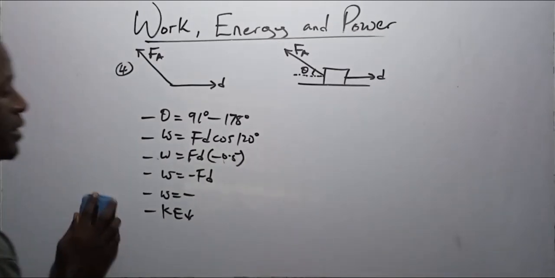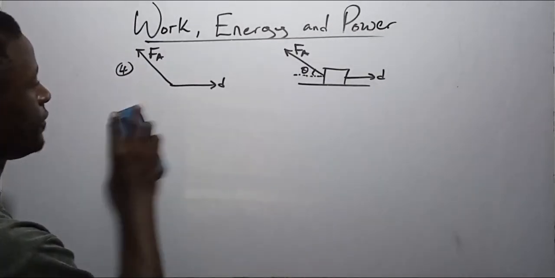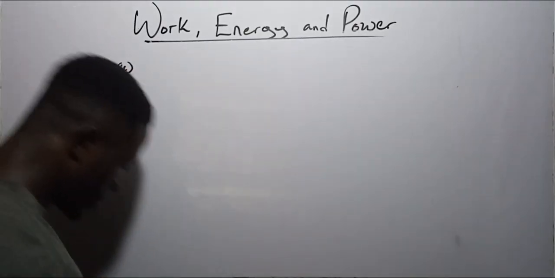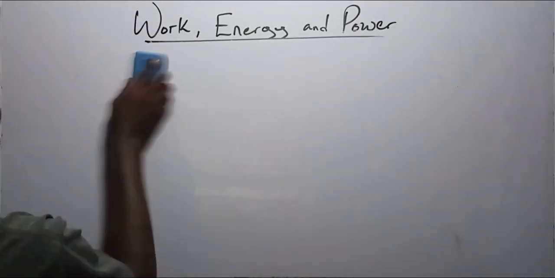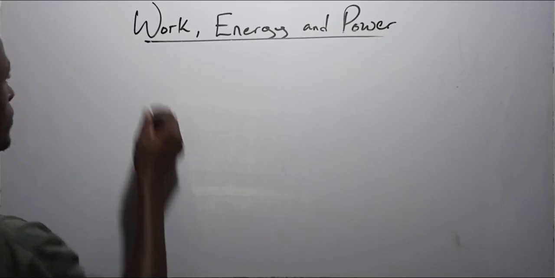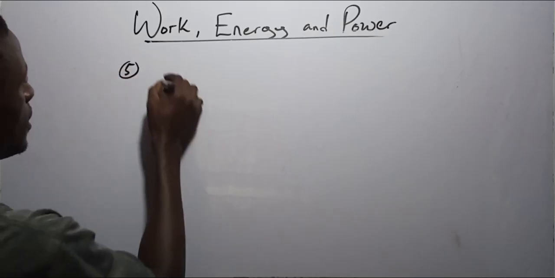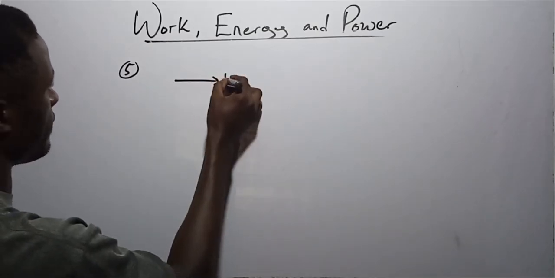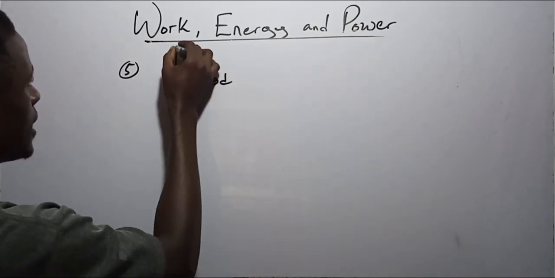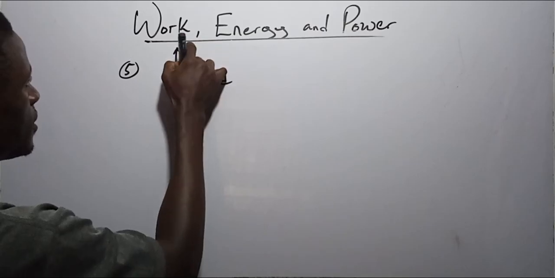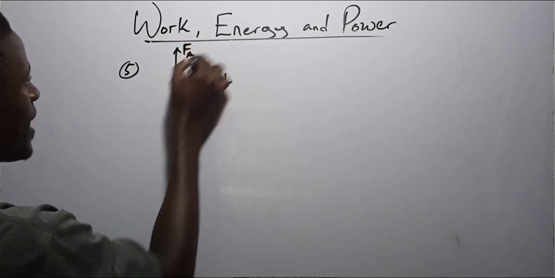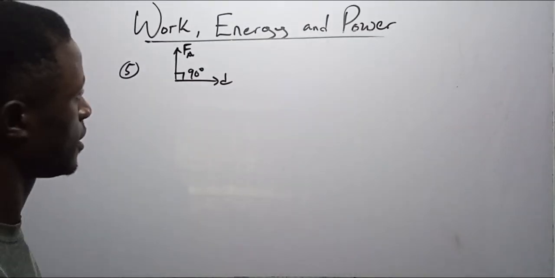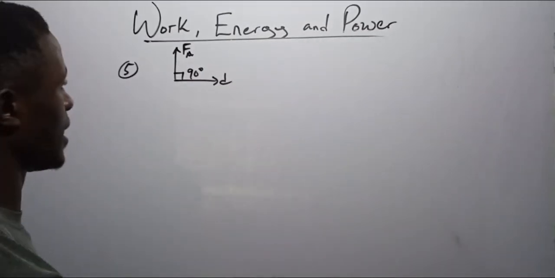Now let us check the fifth case. In the fifth case, you have your displacement vector in this direction and your applied force inclined at exactly 90 degrees.